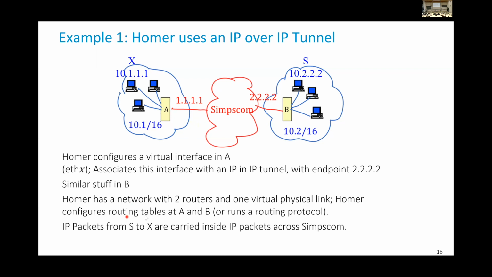So IP packets from S to X, for example, here are routed inside the private domain. Then when they reach router B, B will say, oh, my default route or my route to the rest is to A here. And it's not a physical interface like we have in Mininet or in your laptop.